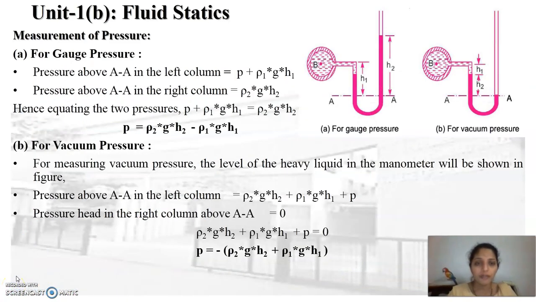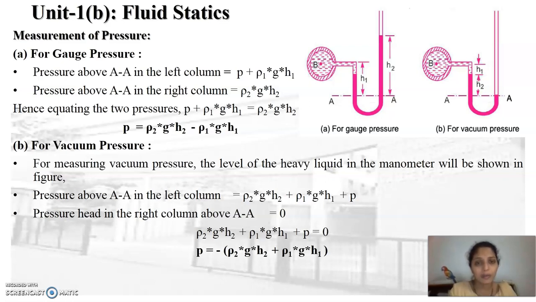Now consider first the left limb of the first diagram. In the left limb above the datum line we can determine the pressure: that is the pressure at point B plus ρ1gH1. ρ1gH1 is the pressure of the liquid which is inside the left limb. Then the pressure above the AA line in the right limb can be given as ρ2gH2. So these are the two pressures at the left limb and the right limb.